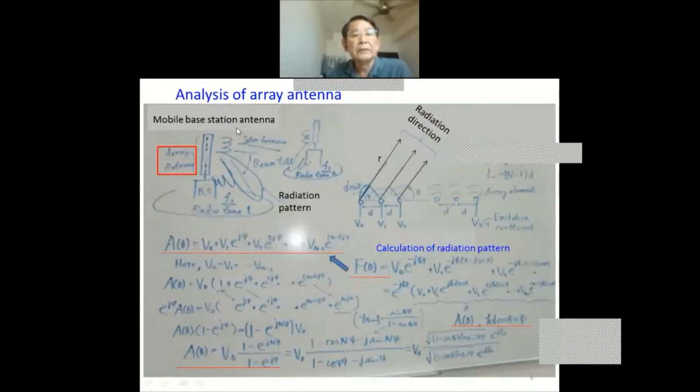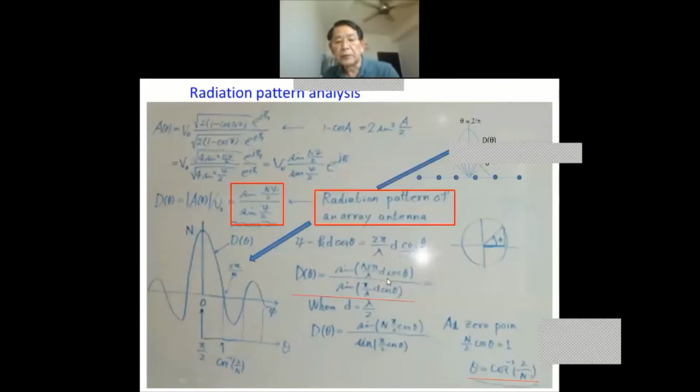This is this square plus this square, which becomes 2 times (1 minus cosine φ). This part becomes 1 minus cosine φ. And this is the complex part.